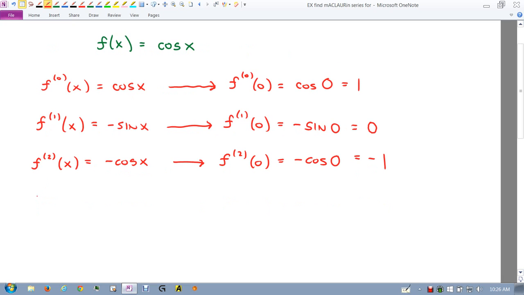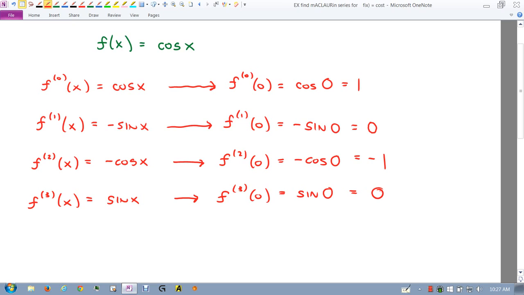Third derivative. Third derivative of negative cosine was what? Sine. And then you plug 0 into that, you get 0, right?